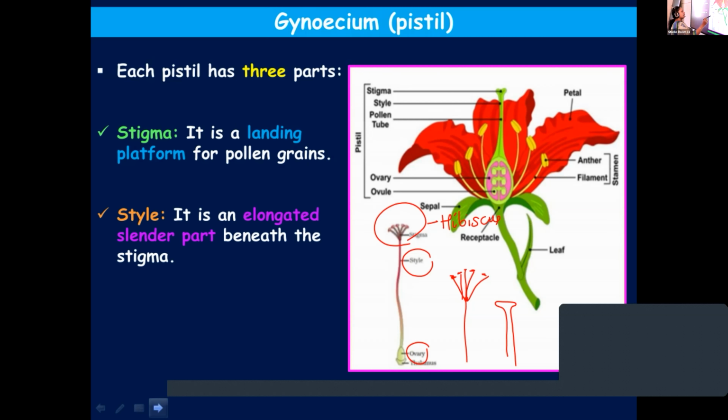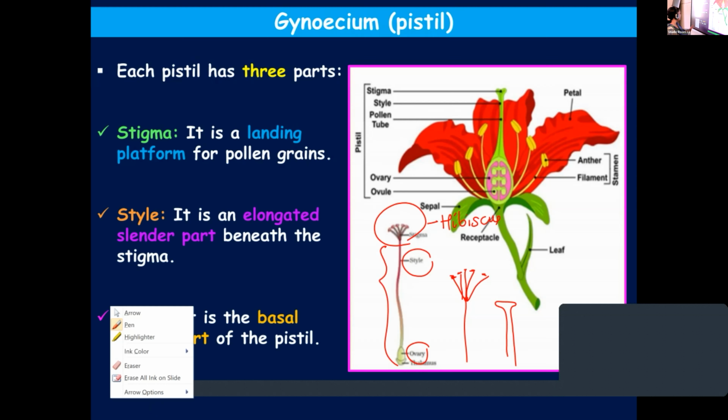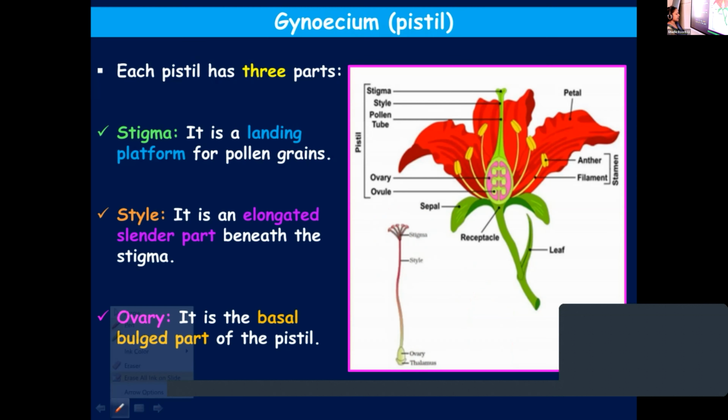Style is the elongated part beneath the stigma. So stigma is continued as an elongated slender part, you call it style. Or you can say stigma is connected to ovary with the help of style.